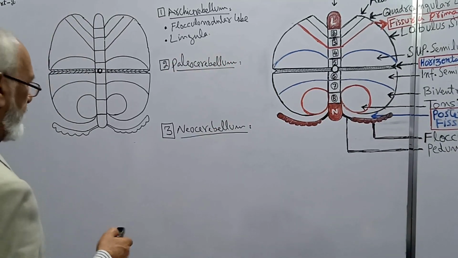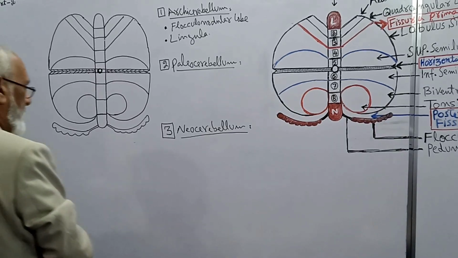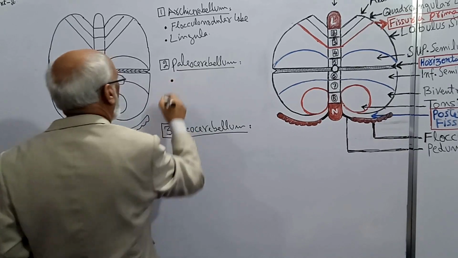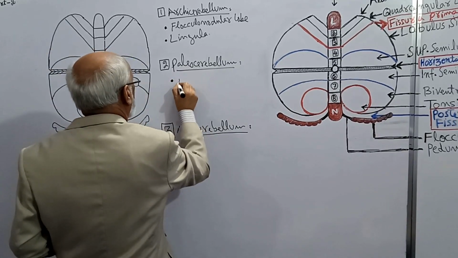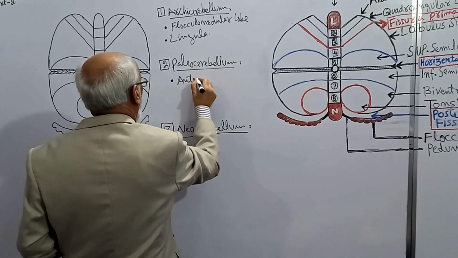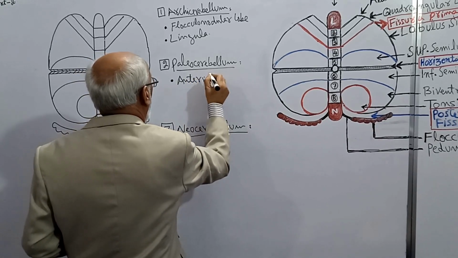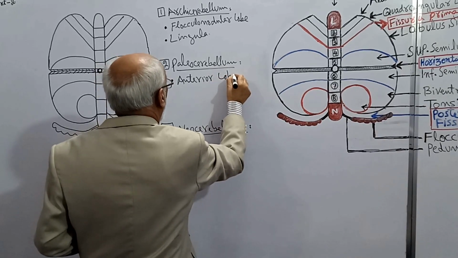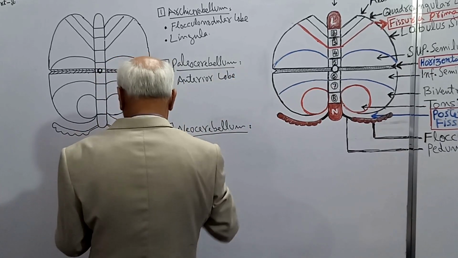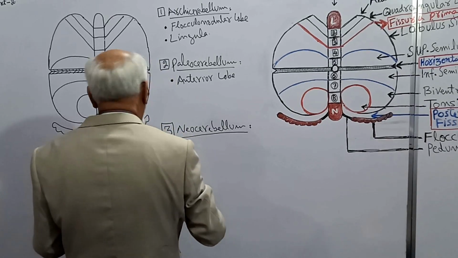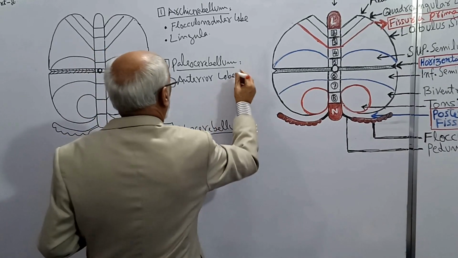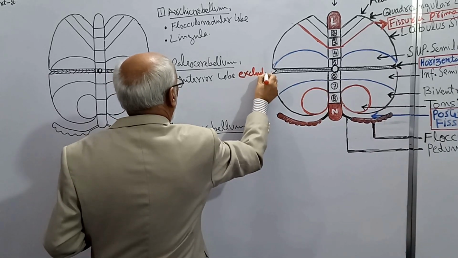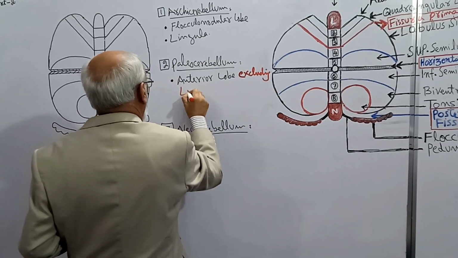Second is the paleocerebellum. What are the parts of the paleocerebellum? The anterior lobe, but excluding the lingula.